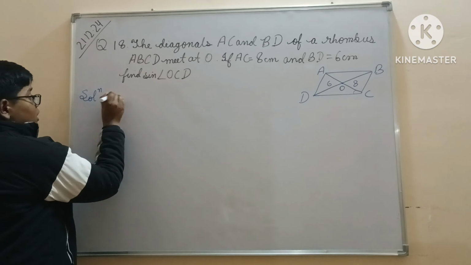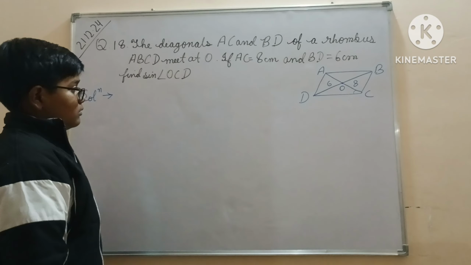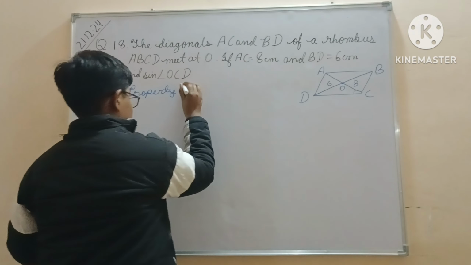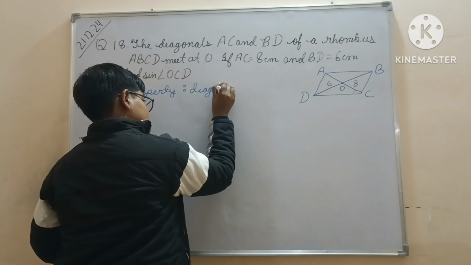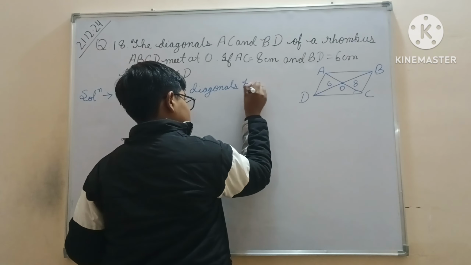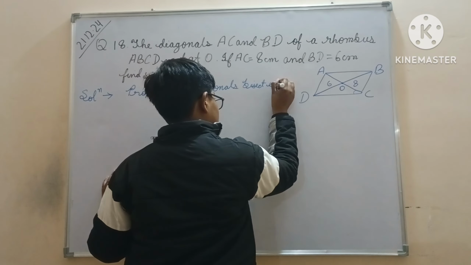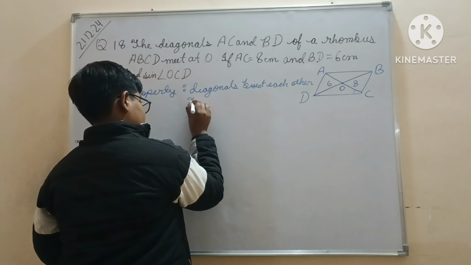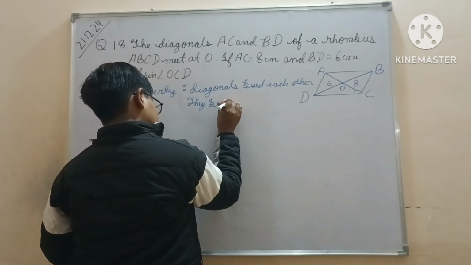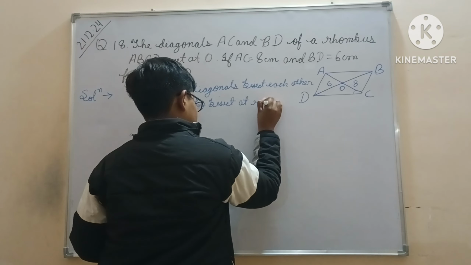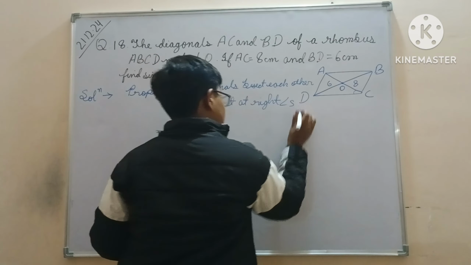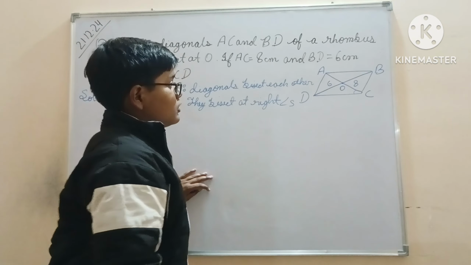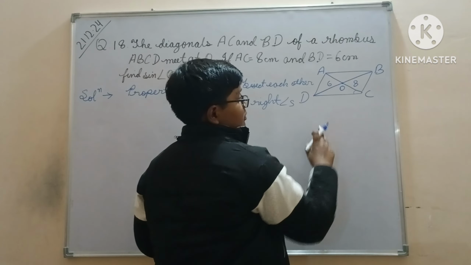Before doing the question, there are some properties of a rhombus. The first property is that the diagonals bisect each other, which means AO will be equal to OC, because the diagonals are bisectors of each other.